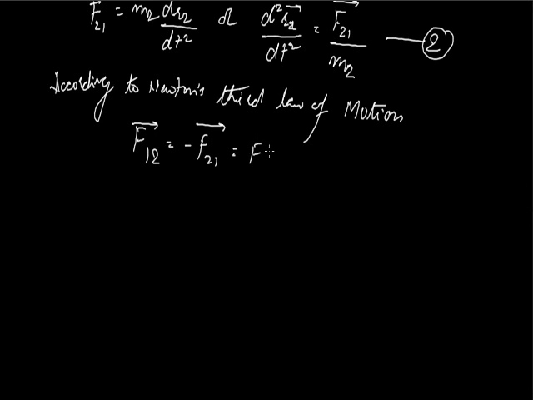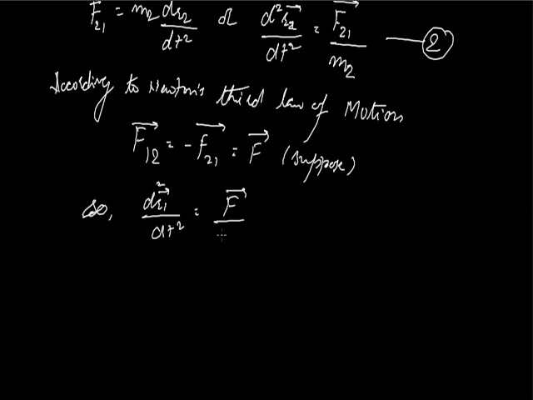And as the magnitudes of the forces are the same, let us suppose this will be F. So the acceleration will be d square r1 upon dt square is F upon M1. Similarly, d square r2 upon dt square is equal to minus F upon M2.